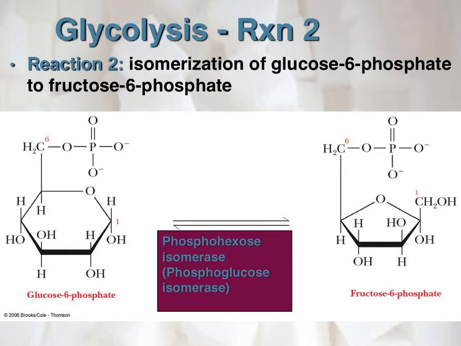Glucose 6-phosphate becomes fructose 6-phosphate. Whoops, it's supposed to be in a circle. You get the idea that sometimes you'll see them abbreviated, and you can abbreviate as long as you explain what the abbreviation is somewhere if you're writing a lot.